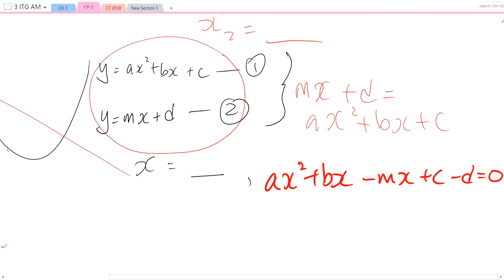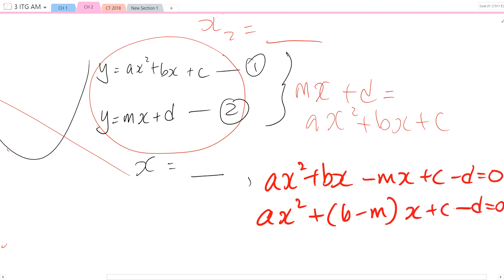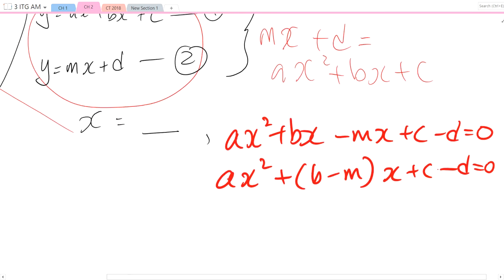Agree? Yeah. So what is the discriminant? Is it b squared minus 4ac? Okay, rewriting it: ax squared plus (b minus m)x plus (c minus d) equals 0. What is the discriminant? (b minus m) squared minus 4a(c minus d).